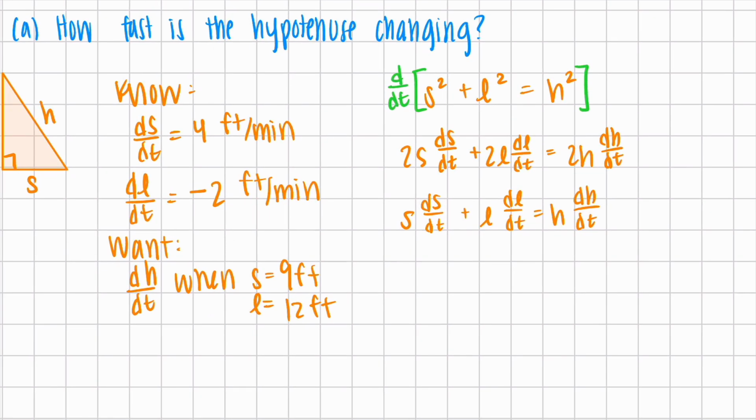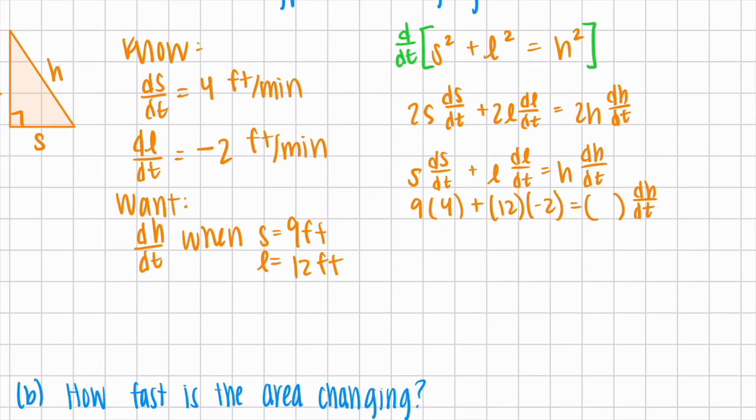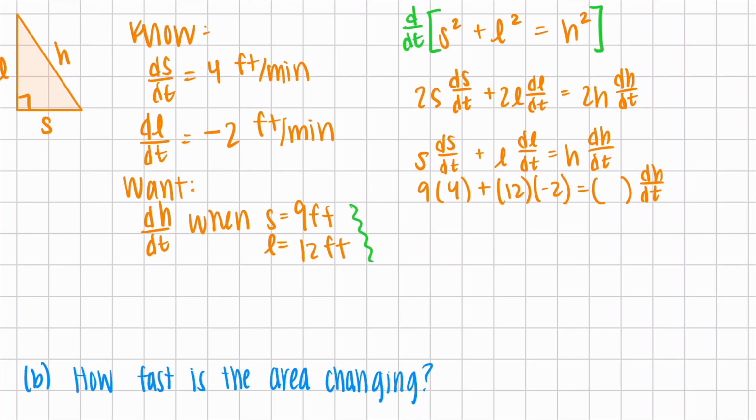Once we've done that, I'm going to plug in. So my s is 9, ds/dt is 4, L is 12, dL/dt is -2. Notice we don't know h. So now I'm going to go back to my want, because I want dh/dt in this moment when s is 9 and L is 12.